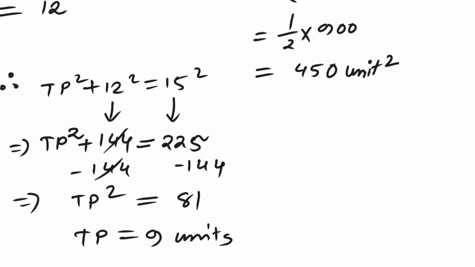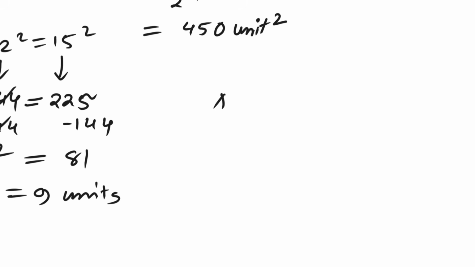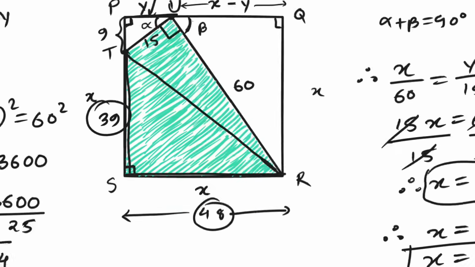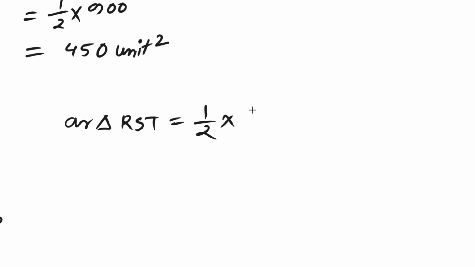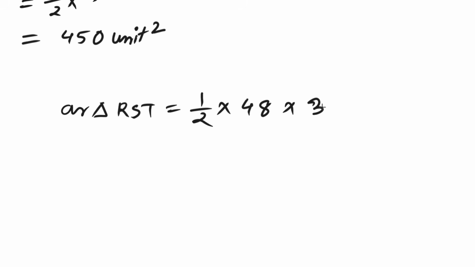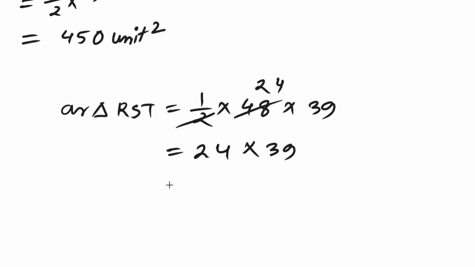The area formula for a triangle is 1/2 multiplied by base multiplied by height. Therefore, the area of triangle RST is 1/2 multiplied by 48 multiplied by 39. Half of 48 is 24, so this becomes 24 multiplied by 39.